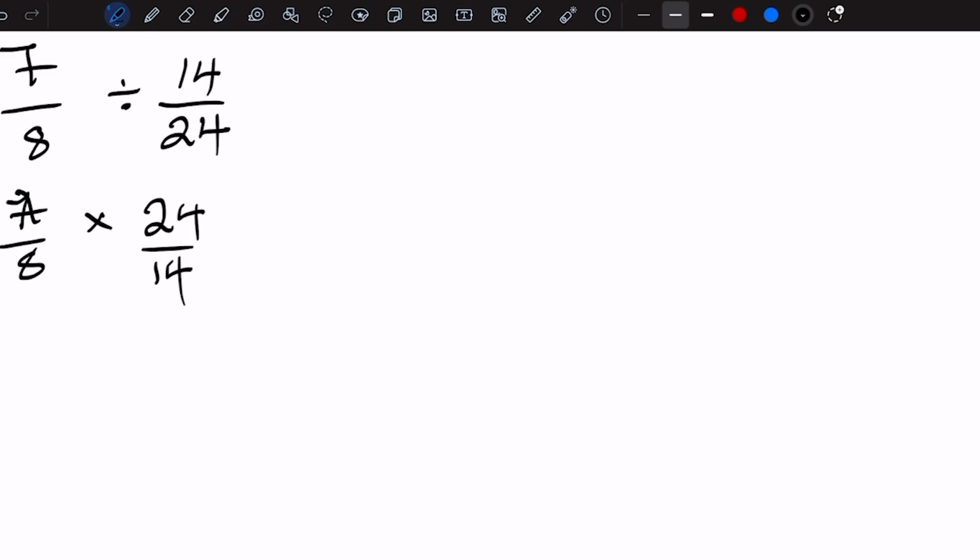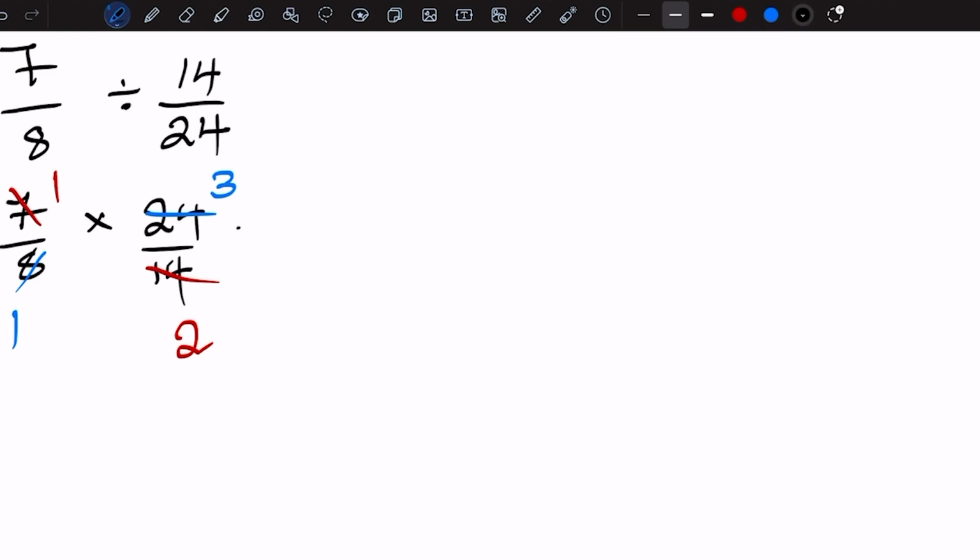Let me use the color code. So it's 7 into itself 1 time, 7 into 14 goes 2 times. While we say 8 into itself goes 1 time, and 8 into 24 goes 3 times.